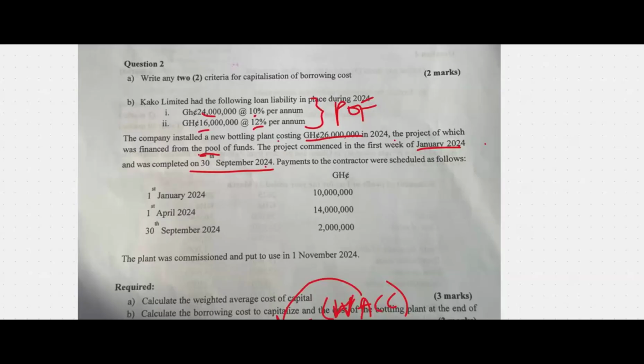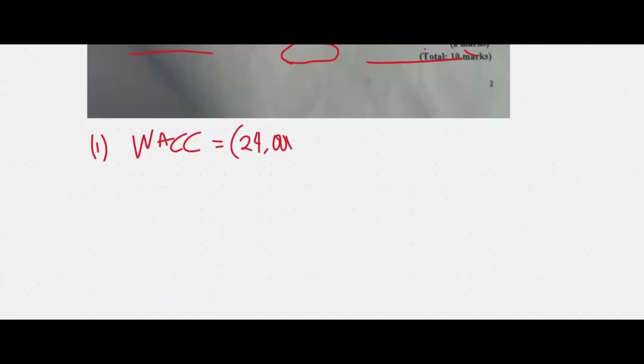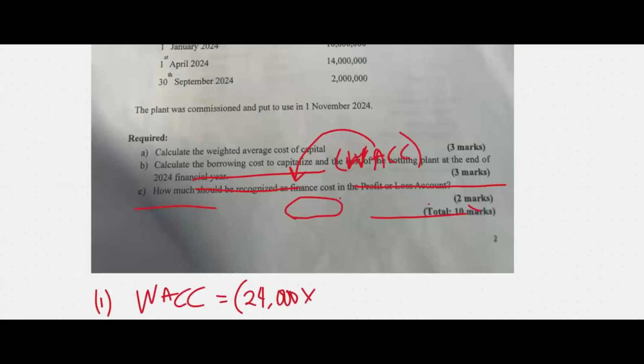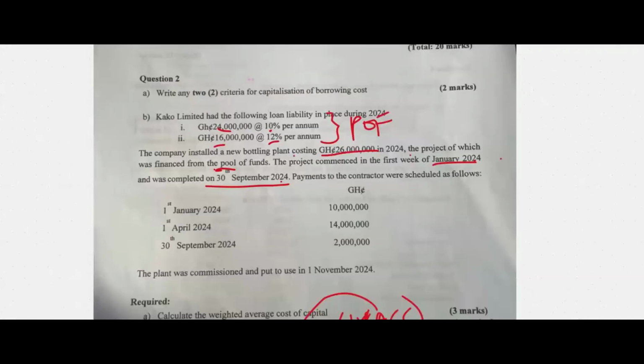So WACC equals, we have the first amount to be what? 24 mil. I'll not write all the mil. I'll only use 1,000 times, what is the rate for the 24,000? That's 24 million. It's 10%. So let me write it properly.